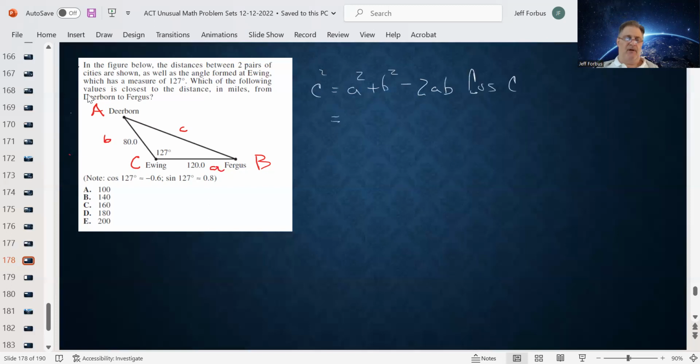So a becomes 120 squared, b becomes 80 squared, minus 2 times 120 times 80 times the cosine of 127, and the note says the cosine of 127 is negative 0.6.